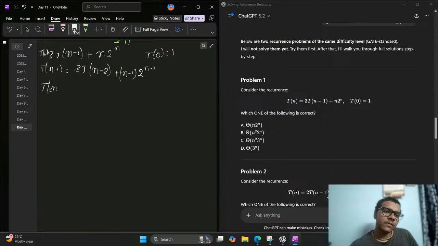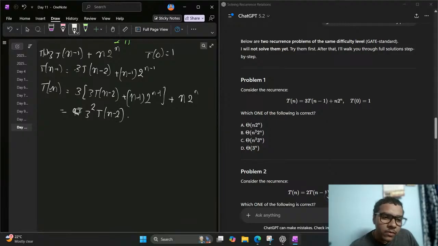So then T(n) will implicitly become 3 into 3T(n-2) + (n-1)·2^(n-1) plus n·2^n. So that is 3 square T(n-2) plus 3(n-1)·2^(n-1) plus n·2^n.